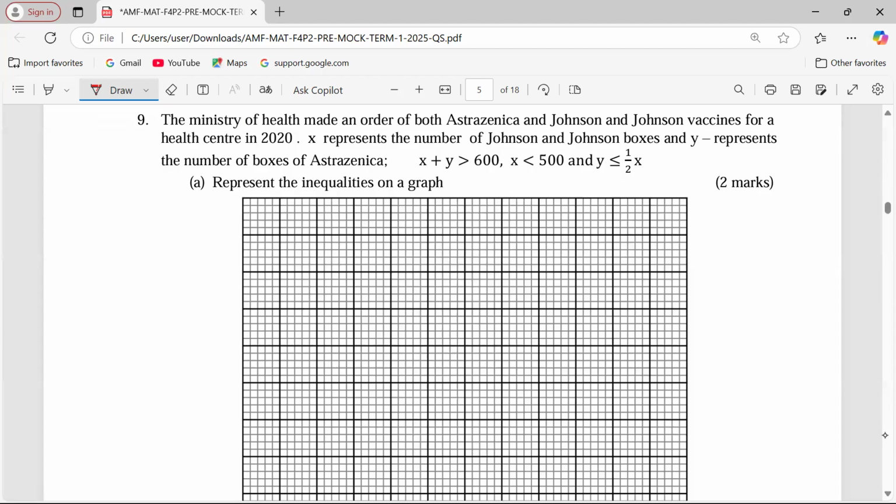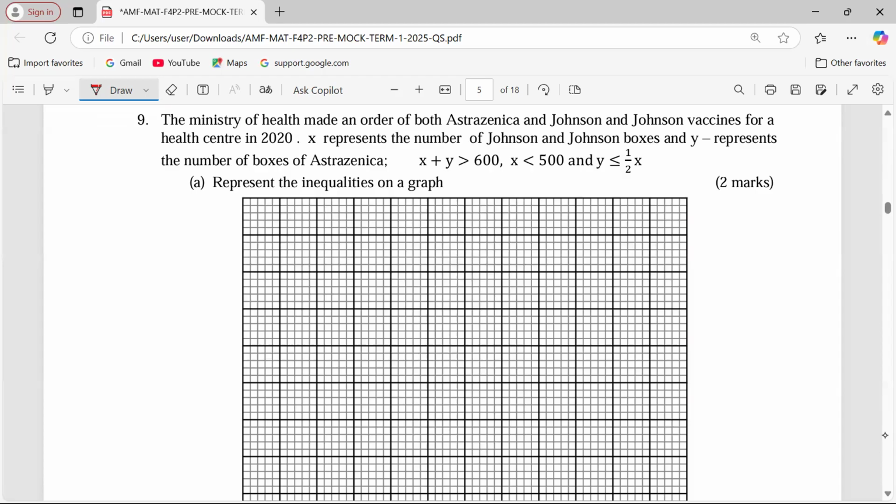Actually, inequalities have been formed, but now the statements which are represented by these inequalities can still be traced. We can say that here the boxes of both Johnson & Johnson plus those of AstraZeneca were supposed to be more than 600.